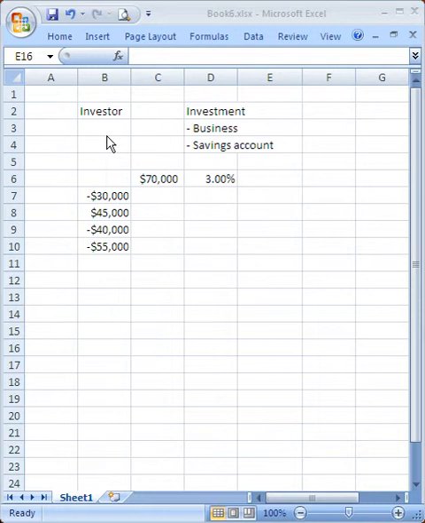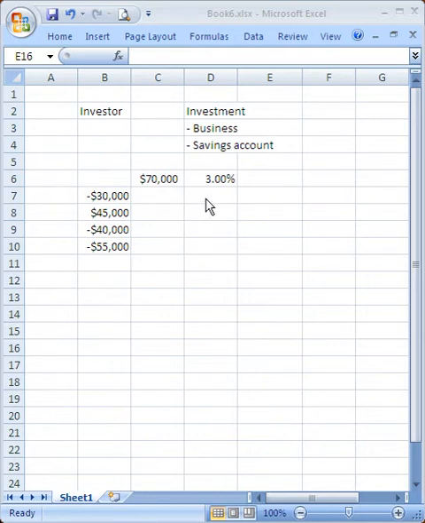From our point of view as investors, this savings account is exactly equivalent to the business. We don't care whether it's really a business or really a savings account. From our point of view, from the point of view of the cash flows, it's exactly identical. The big question is, what sort of a savings account would work this way?